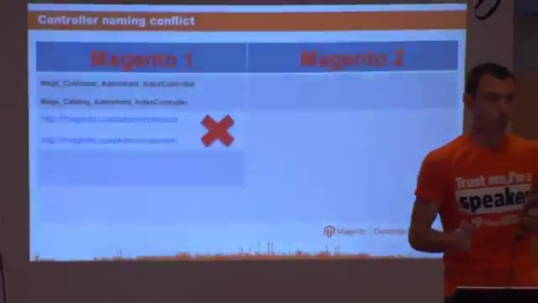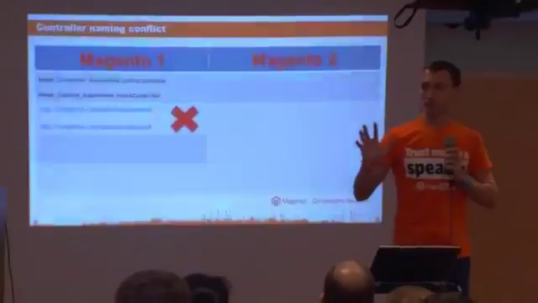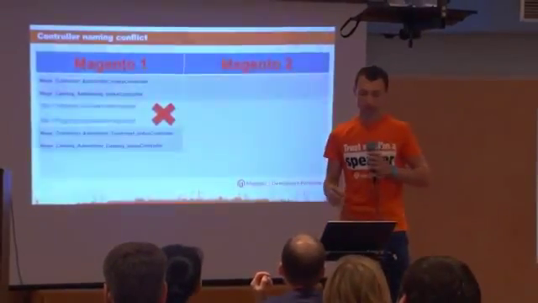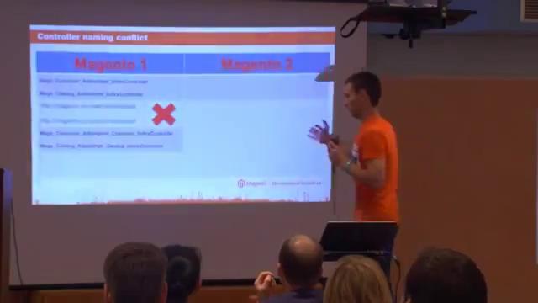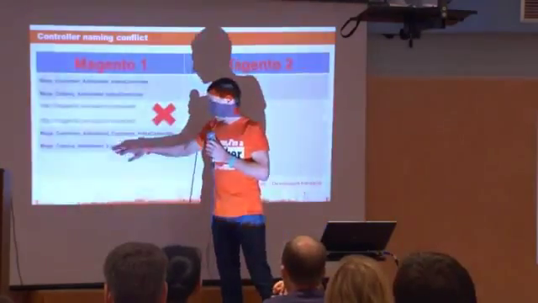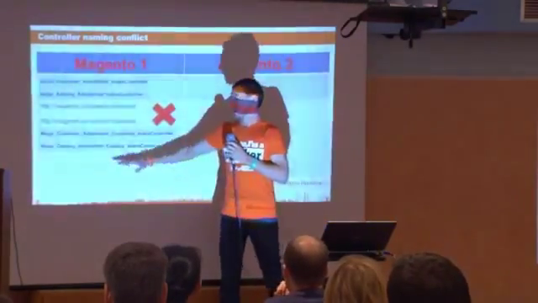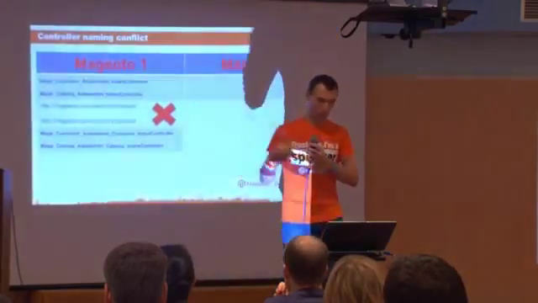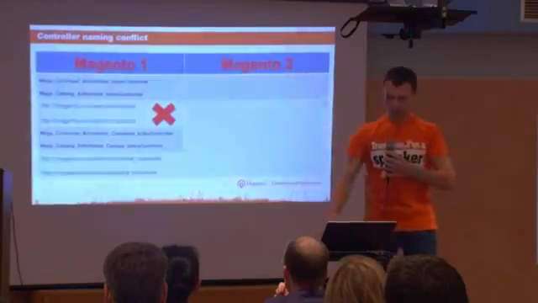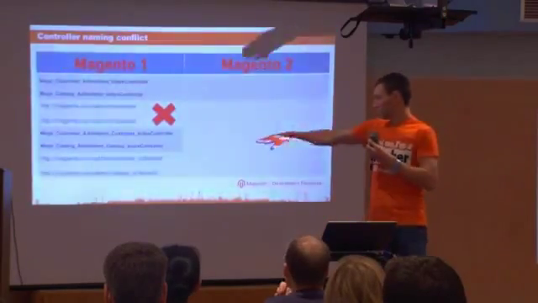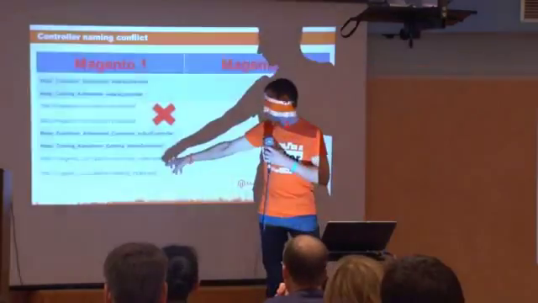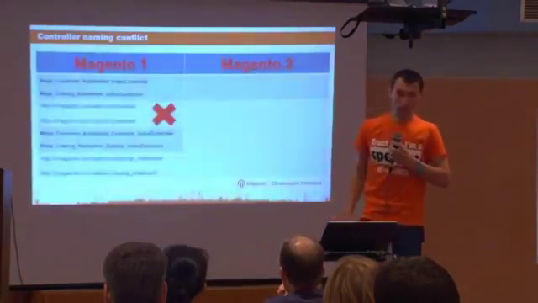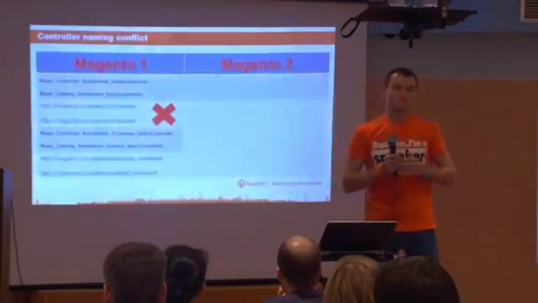Of course, in Magento 1 you can easily resolve this conflict by renaming controllers. For example, Mage Customer admin HTML customer index controller and Mage Catalog admin HTML catalog index controller, and we will get new URLs for these controllers: admin customer index edit and admin catalog index edit. That's all. The conflict is resolved.